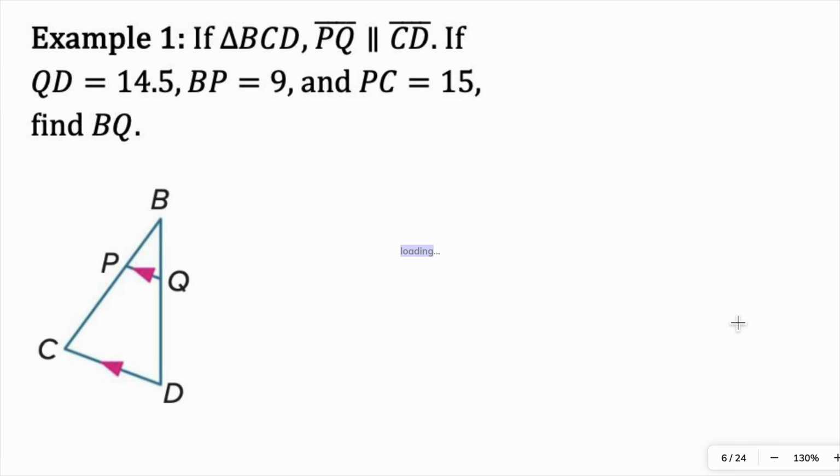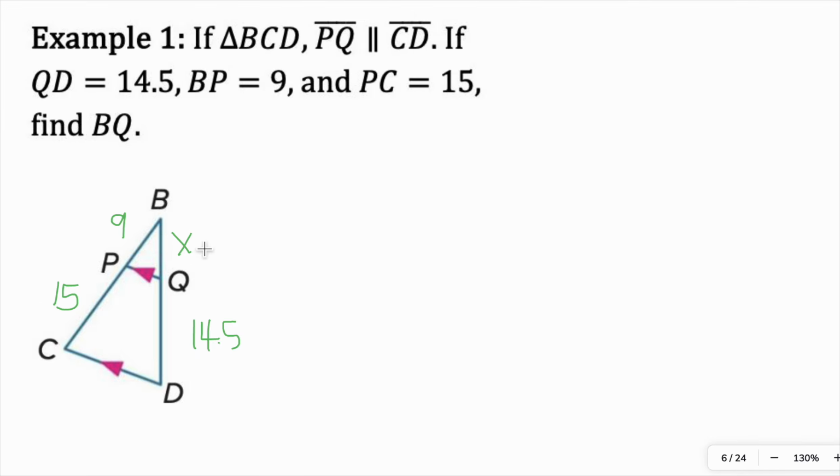So example 1 says, in triangle BCD, PQ is parallel to CD. If QD is equal to 14.5, BP is equal to 9, and PC is equal to 15, find BQ.